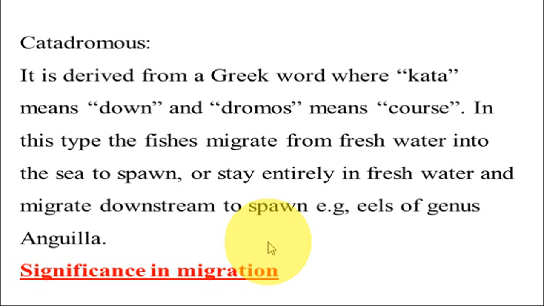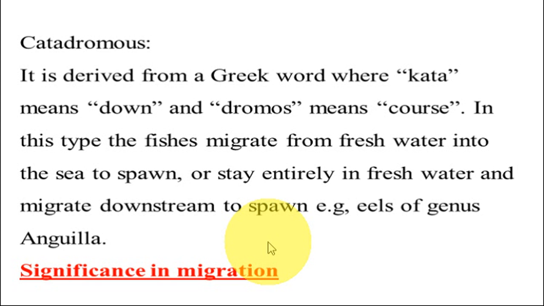Significance of migration. Migration shows various significances. The first significance is that in fishes, mostly migration occurs for breeding or reproductive purpose. Through migration they search for a suitable place for breeding.